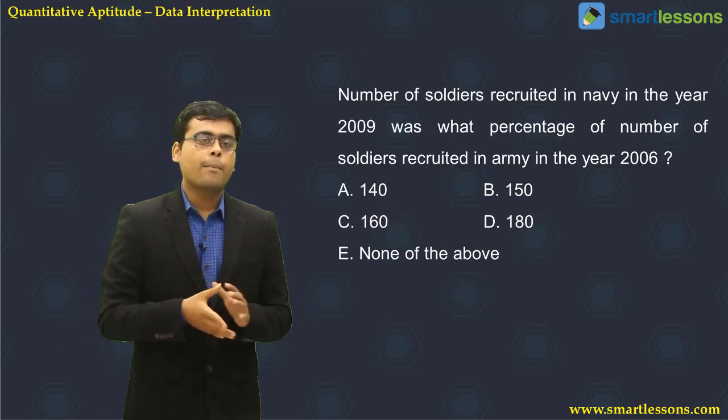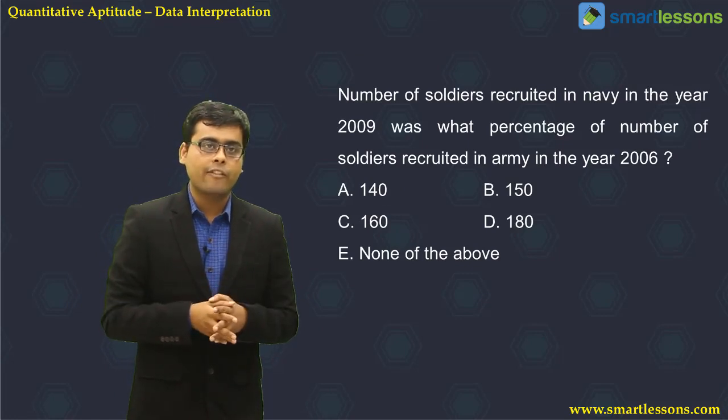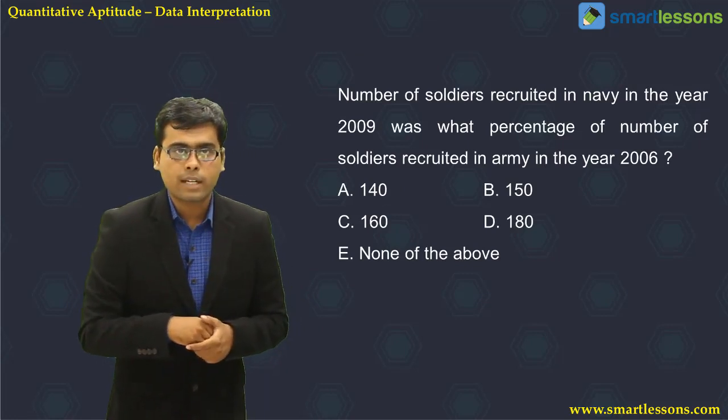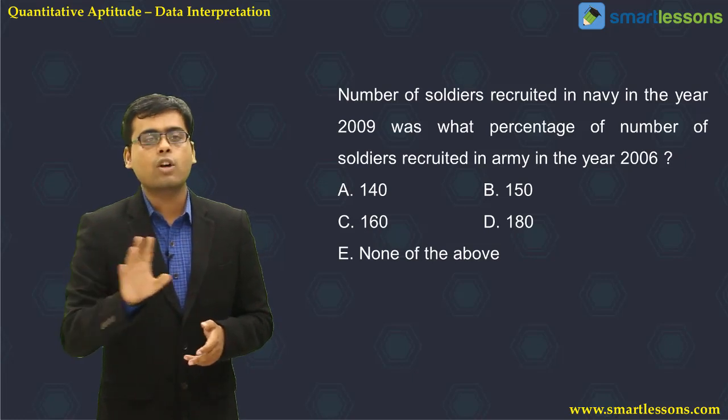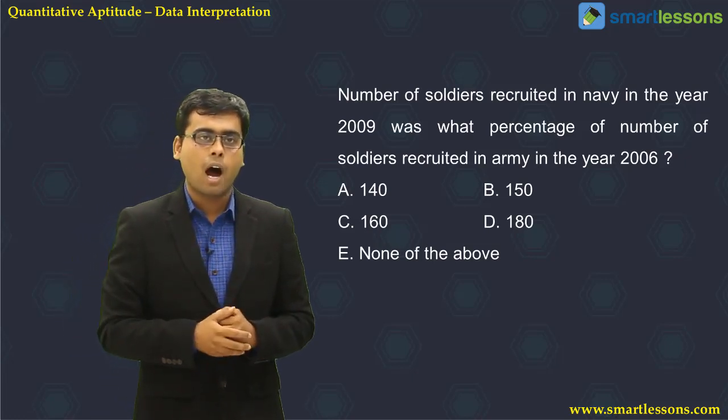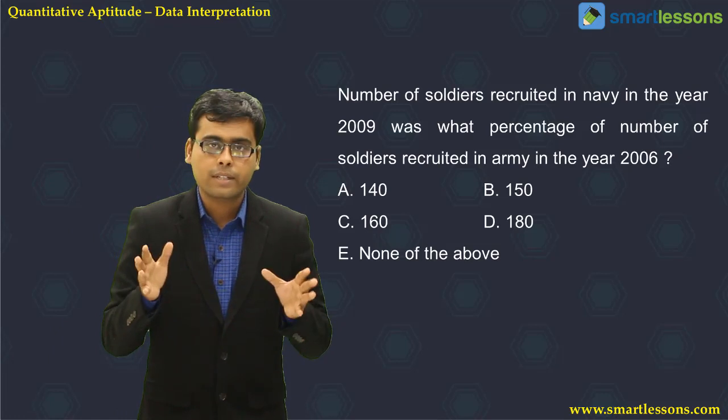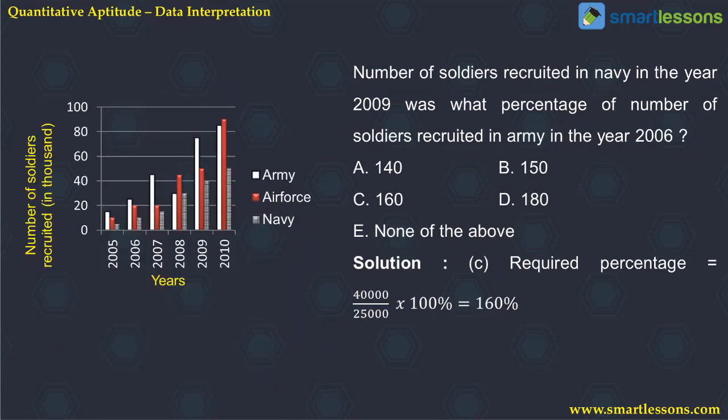Next question. Number of soldiers recruited in Navy in the year 2009 was what percentage of number of soldiers recruited in Army in the year 2006? Okay. So again from the chart, the number of soldiers recruited in the Navy in the year 2009 was 40,000, and the number of soldiers recruited in Army in the year 2006 was 25,000.